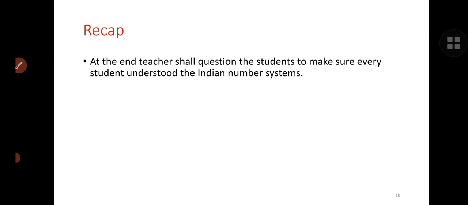Once it is completed, the teacher shall present a small gift to the winning group so that they get motivated, they feel they are appreciated by the teacher. This is how the active learning happens.